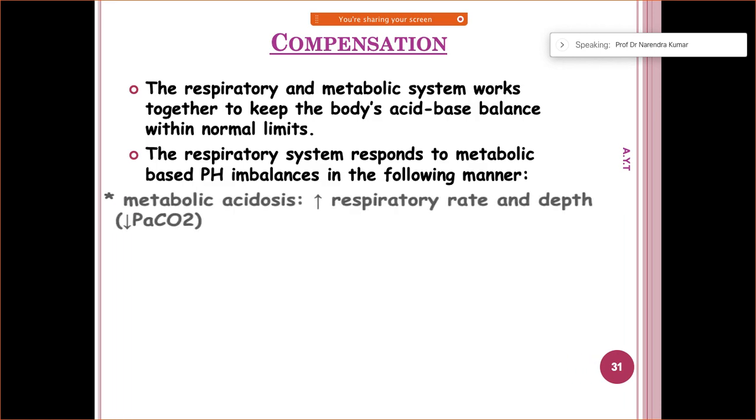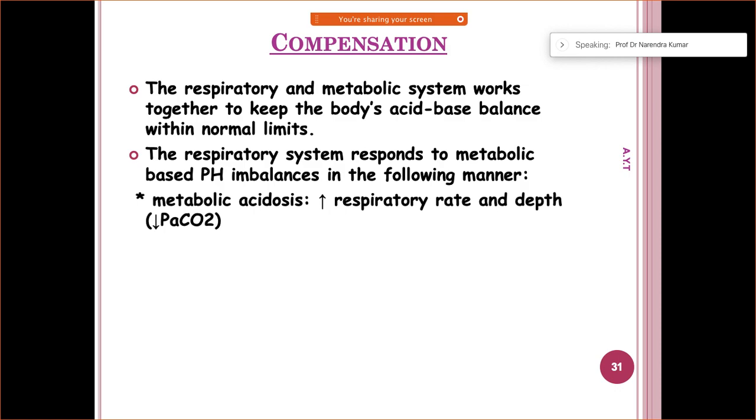In metabolic acidosis, the pH will be acidic and the metabolic component is reflected by the bicarbonate. The compensation is that it will increase the respiratory rate and also the depth. Therefore, PaCO2 is going to be decreased.